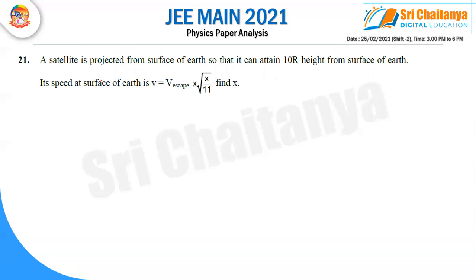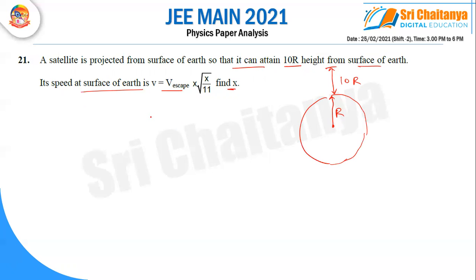Okay, a satellite is projected from the surface of Earth so that it can attain 10 r height. So if the radius is r and another 10 r height from the surface of Earth, he says its speed at the surface of Earth is v escape root of x by 11.